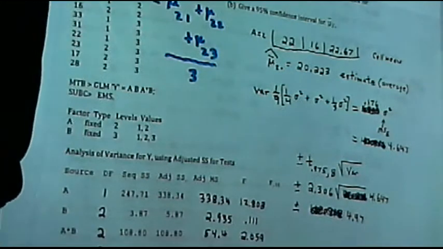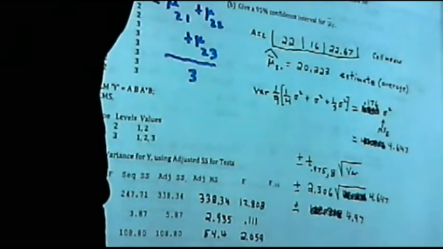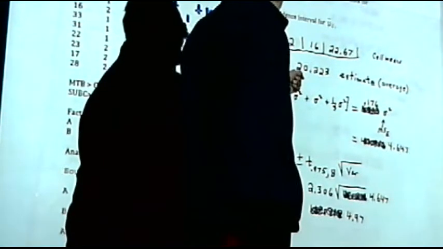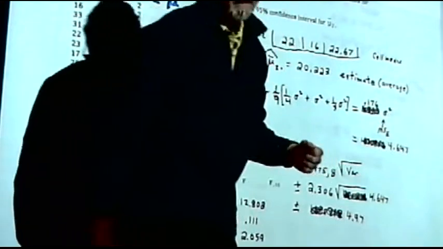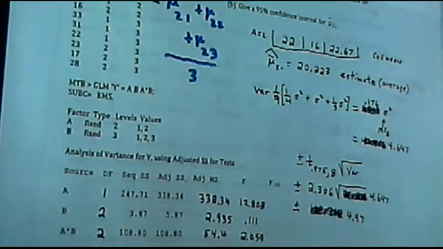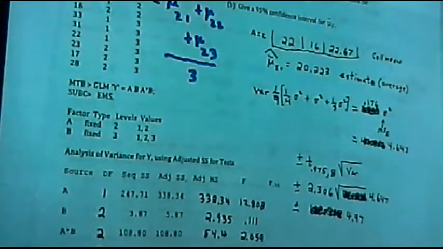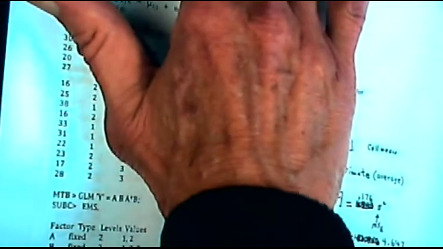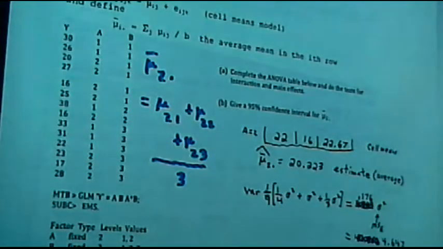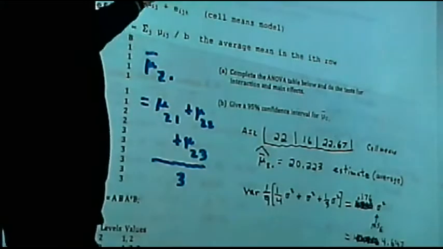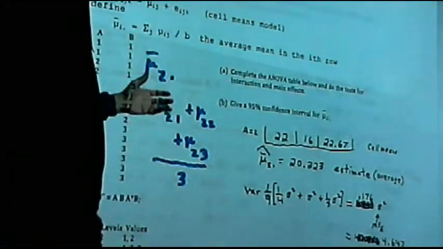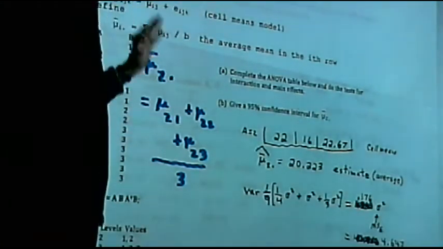I mean, this mean here is a weighted mean of the original data in the second row. It's the straight mean of the 3 means, but it's a weighted mean of all the numbers that are in the second row.